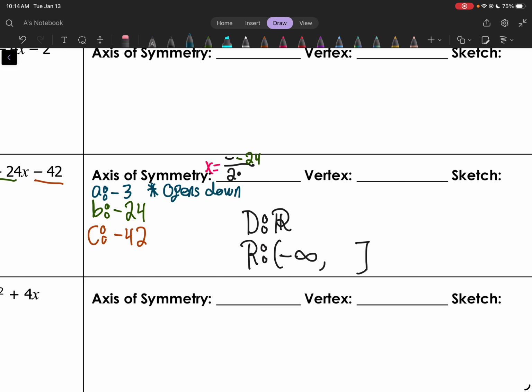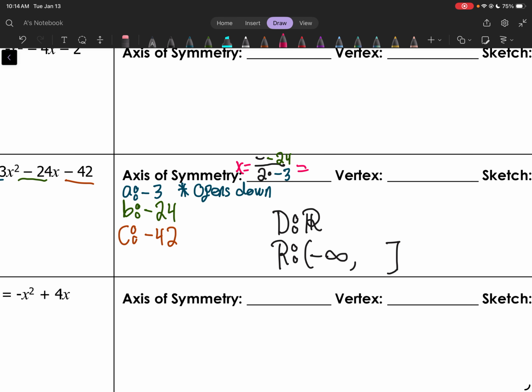My a value is -3. So this is negative, and -24 on top is +24 divided by -6. So my axis of symmetry is going to be x is equal to -4.